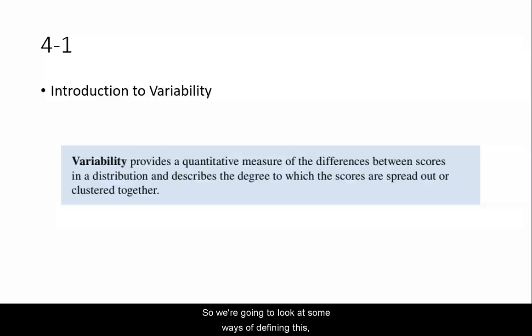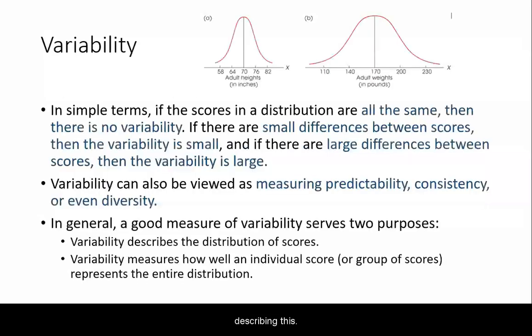So we're going to look at some ways of defining this and describing this. So, basically, like I said, variability is how close together or how far apart scores are in a set, or how alike or not alike scores are with each other. And so some things can be relatively tight and some things can be relatively spread out. If you look at the two distributions here at the top, one is height, and we're talking about smaller numbers with height.